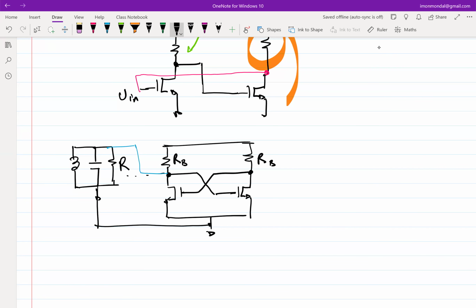And if I play my cards right and ensure that the looking-in impedance here exactly cancels R, that is, the looking-in admittance is exactly equal to 1 over R, then we are good, right?